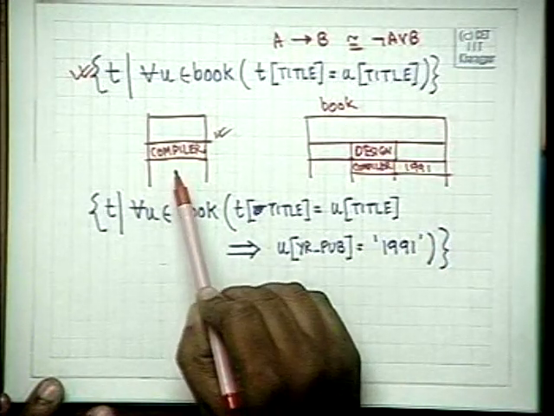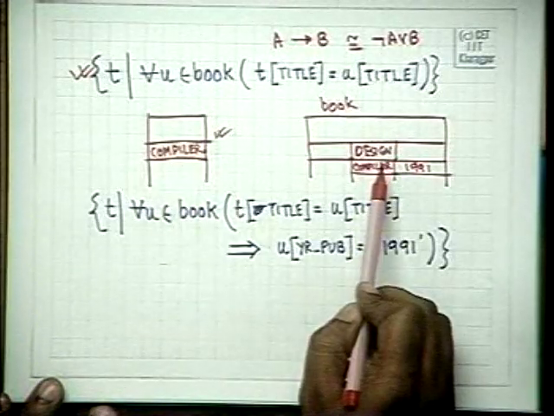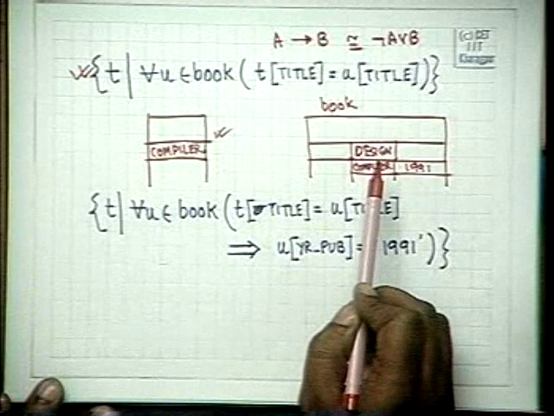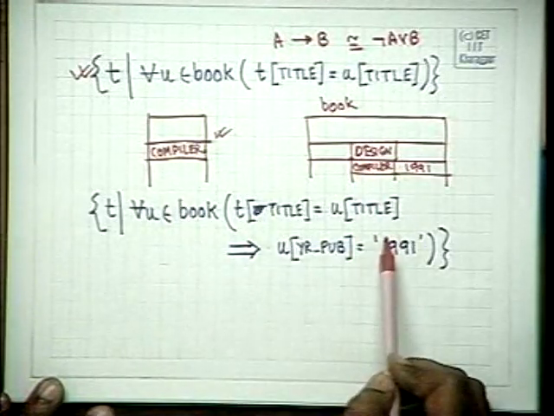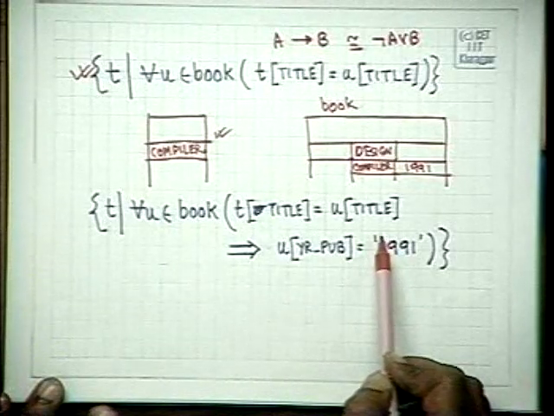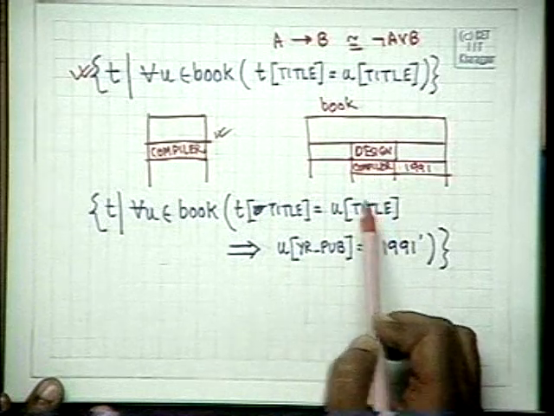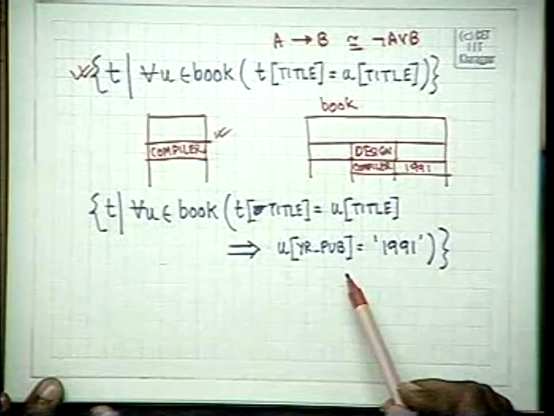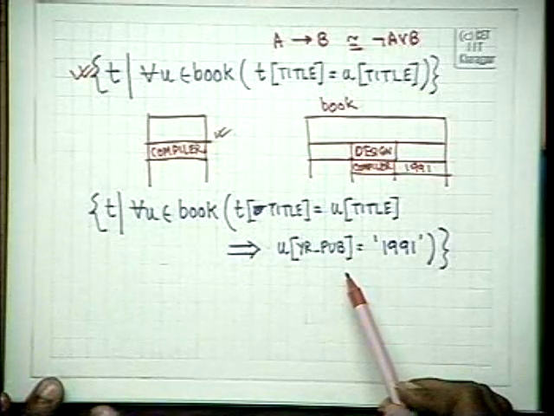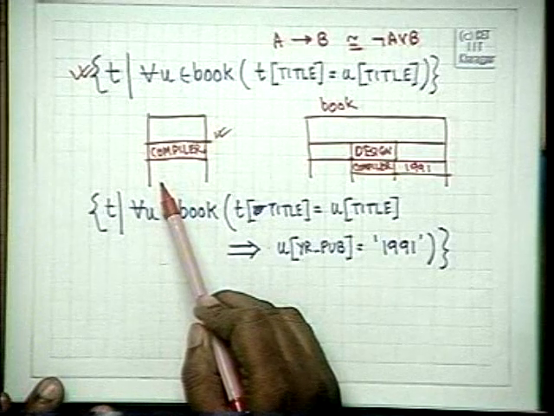It also means that if there is a title here which does not match any book, it may still satisfy the condition. See, if I write abracadabra, there will be no book called abracadabra here. So should that be present in this relationship?